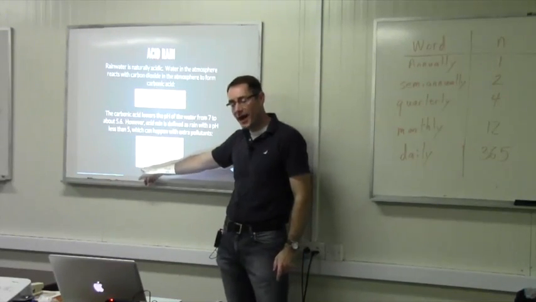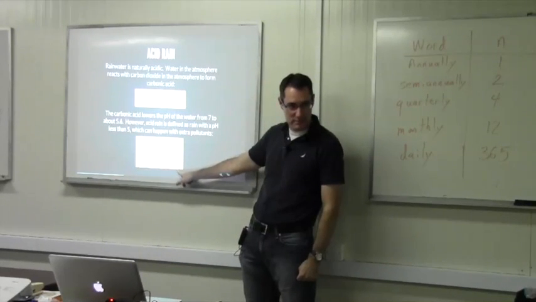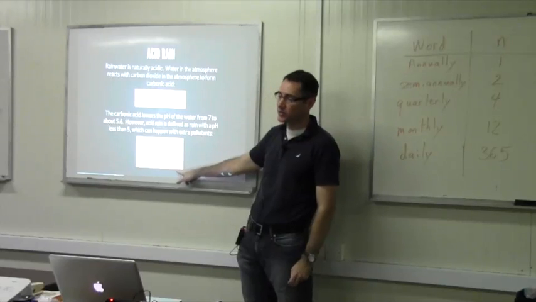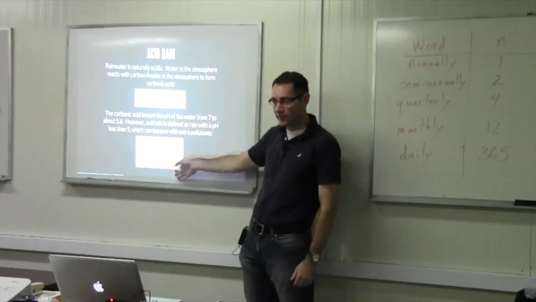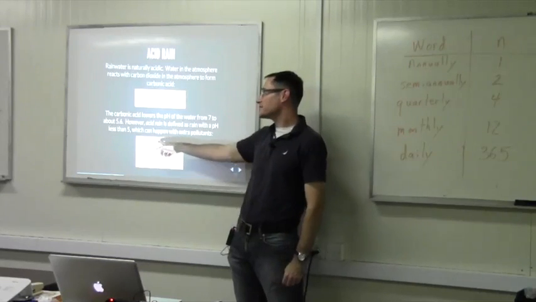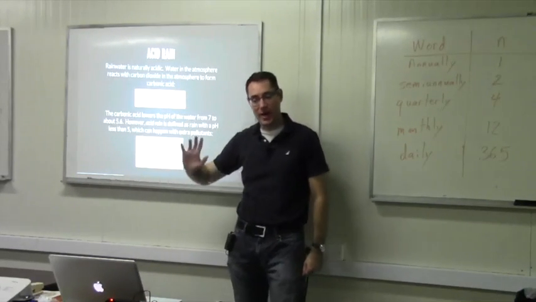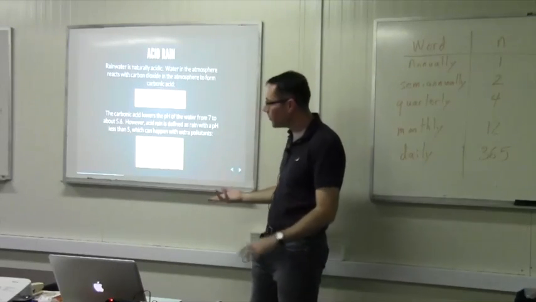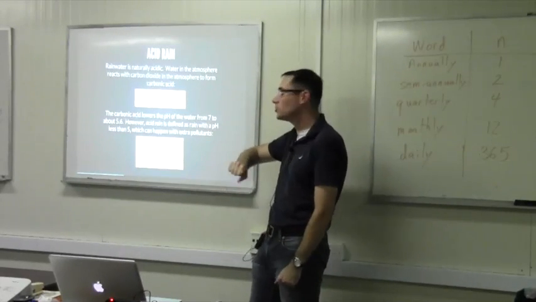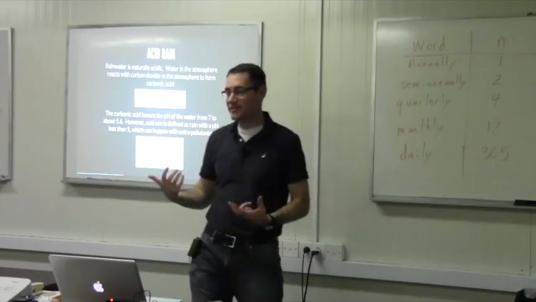Sulfur trioxide reacts with water to create sulfuric acid, which we know is a strong acid. So if you get sulfuric acid in the atmosphere, you end up with rain that has a much lower pH than what we call normal. It comes from these pollutants. That's how you end up with acid rain.